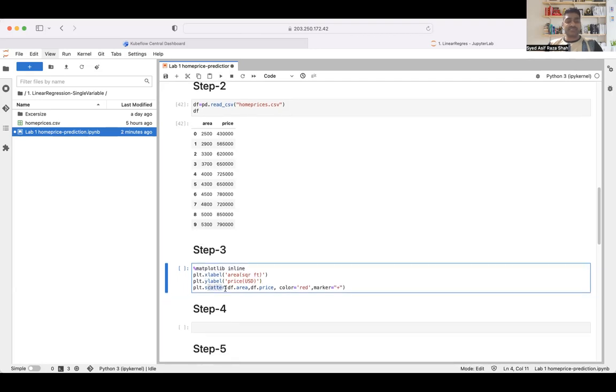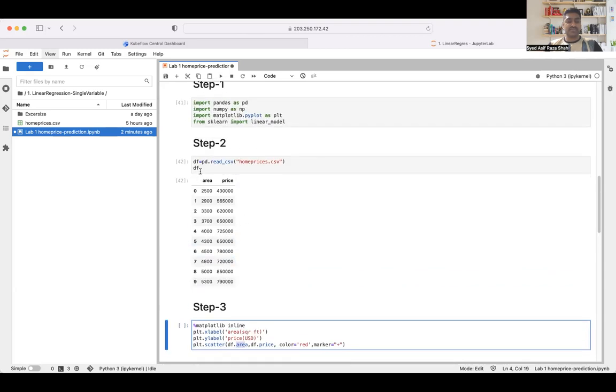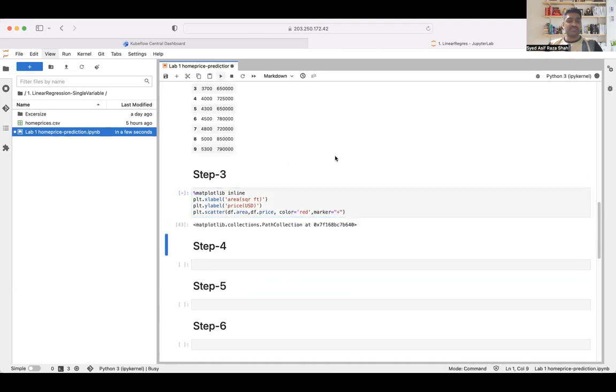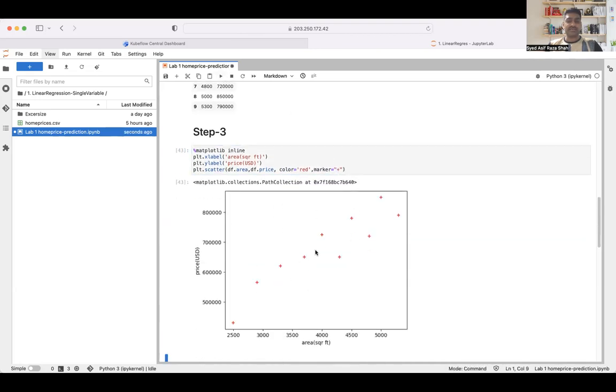And we plot the scatter plot, where we use the data frame df and plot the price, and we give the color as red and the marker as a plus. If we run this, you will see the plot here. All these data points you can see here, right? So this is the third step that you have to perform.